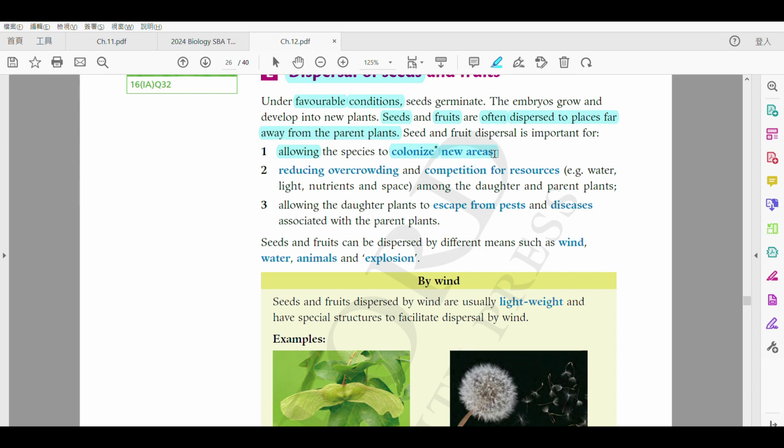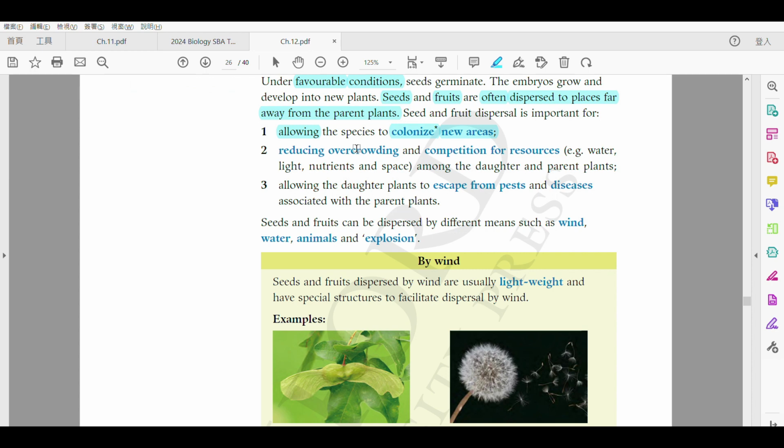Colonize means to occupy. Next, when they are far from the parent plants, they are separated and their distance is very far away. So therefore you reduce overcrowding, which means excessive density.